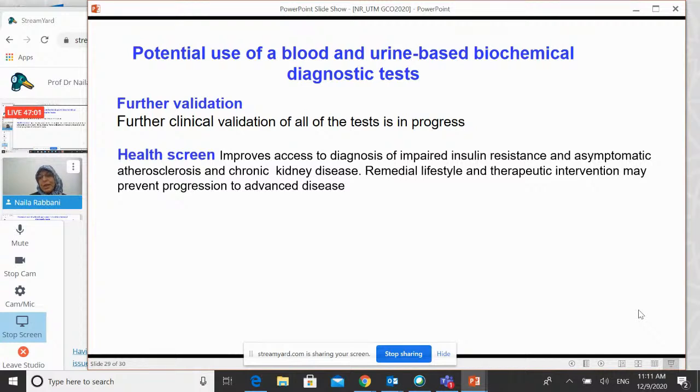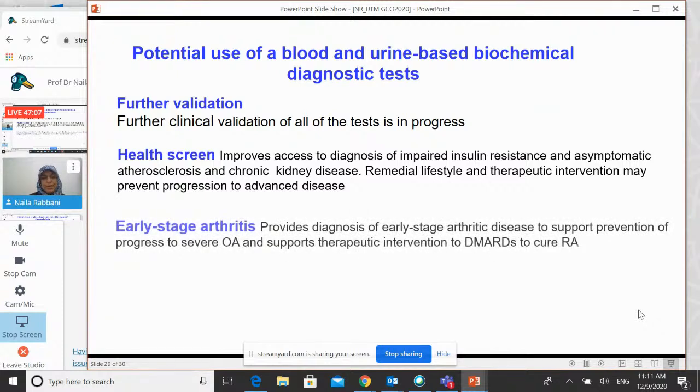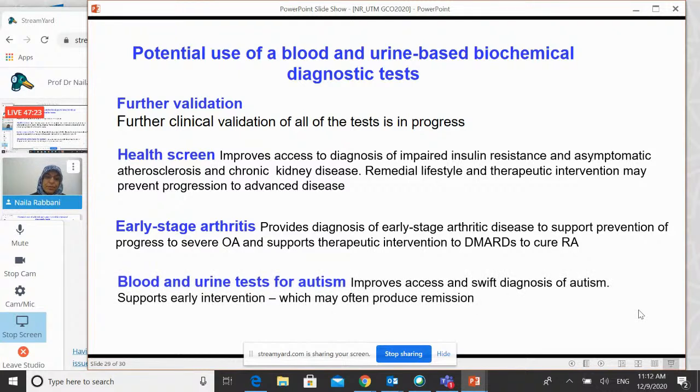Remedial lifestyle and therapeutic intervention may prevent progression to advanced disease. Early stage arthritis diagnosis supports prevention of progress to severe OA, and supports therapeutic intervention with DMARDs to cure RA.